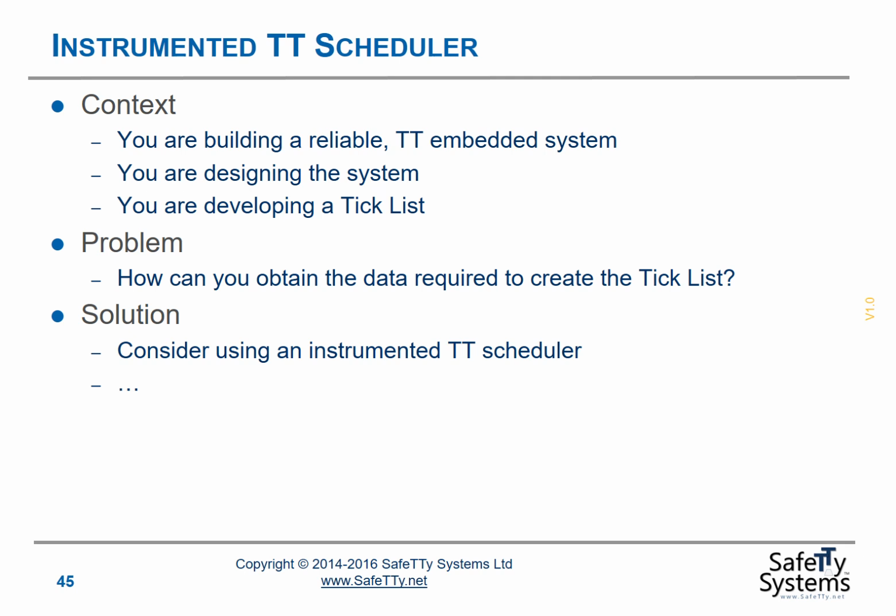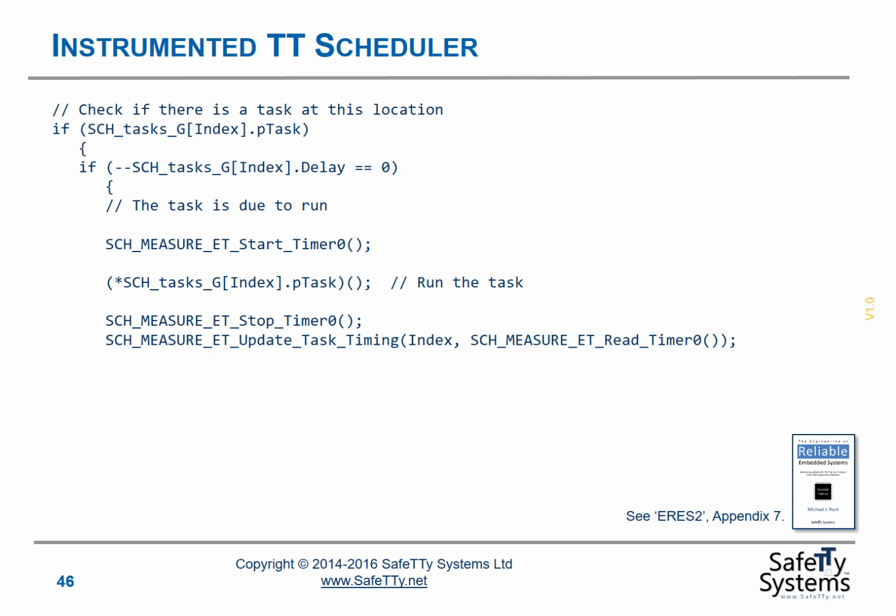If you have a look at Appendix 7, this will illustrate how you can obtain the timing data for your system using an instrumented TT scheduler. You may also wish to use an oscilloscope or a similar mechanism to make a second set of timing measurements later in the project run, but it's generally much easier to use an instrumented scheduler to obtain the worst case execution time data, and use it throughout most of the project.